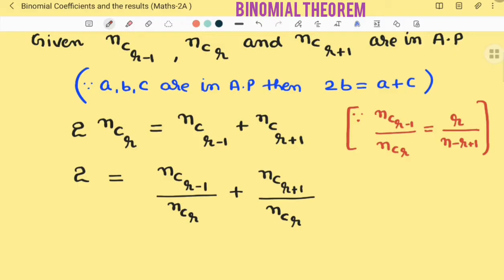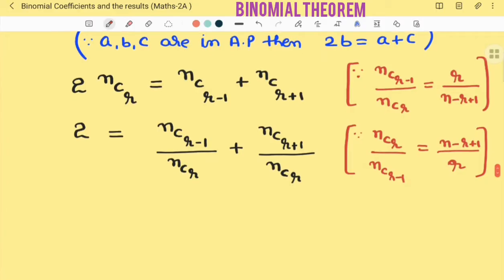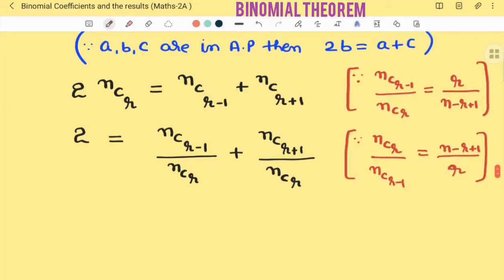Suppose if it is reversed, by using this formula we can write it. Suppose nCr by nC(r minus 1) is there, then we can write the reverse: (n minus r plus 1) by r. Why am I writing this one? If you observe the second term, we can write it that way.